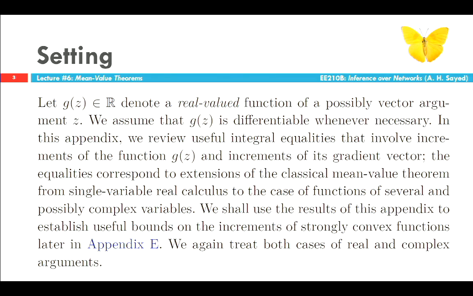The results I'm going to show you now are not an approximation, they are an exact expression without ignoring terms. And these exact expressions, given in the form of mean value theorem expressions, will be very useful for us, because when we study the performance of algorithms over networks, I will need to take some functions and approximate them in the form you're going to see, and keep the size of the errors under control.